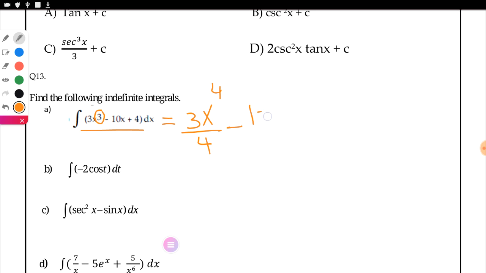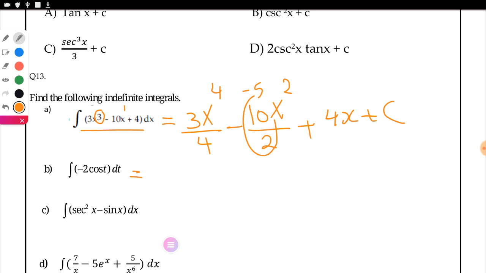Minus 10, add the exponent 1, it will be here the unseen exponent 1, not 0, over 2, plus the integration of constant, as I remind you at the beginning of the session, it will be 4x plus constant. You can simplify this one, you can write it as minus 5 later. But if it is not multiple choices, no problem.